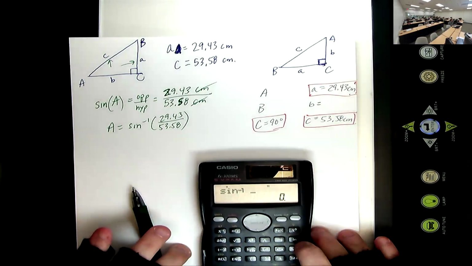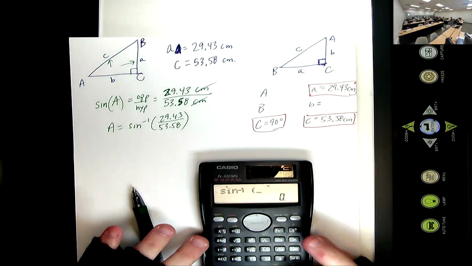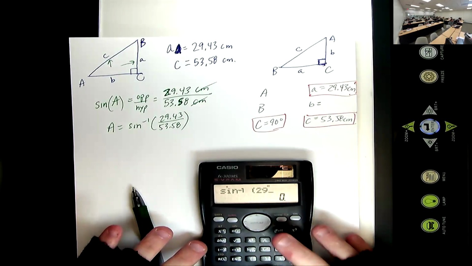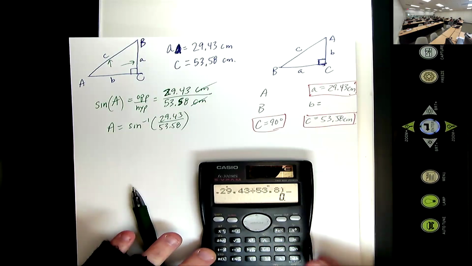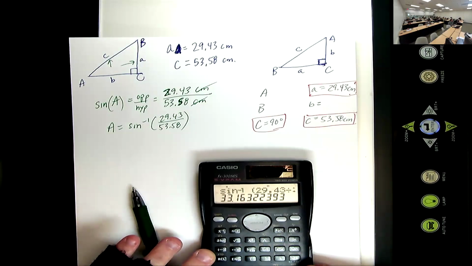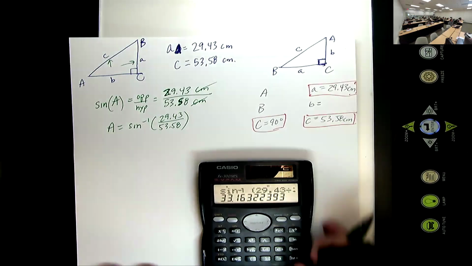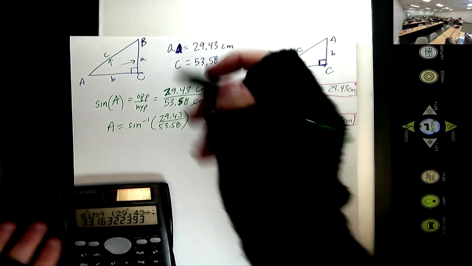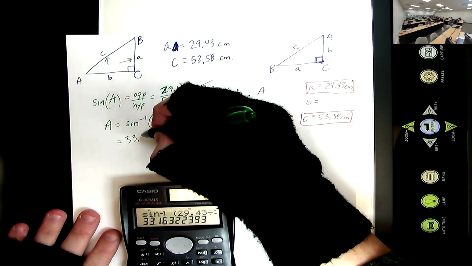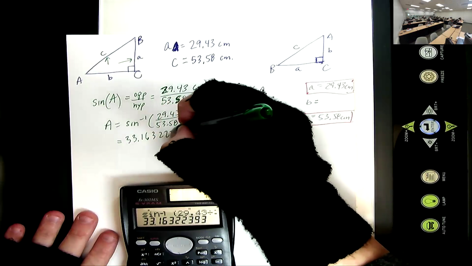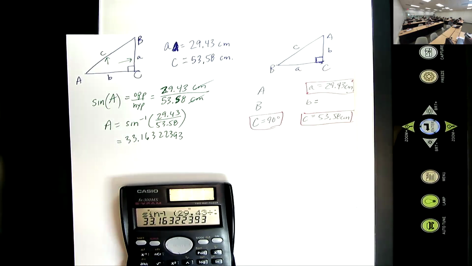It's sine inverse and I'm gonna do parentheses, 29.43 divided by 53.58. And I'm getting 33.163222393 degrees.